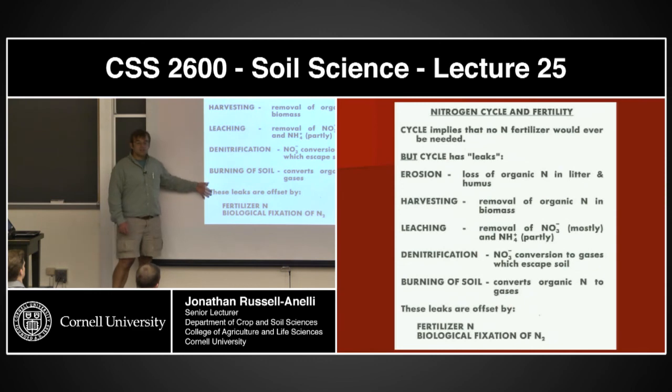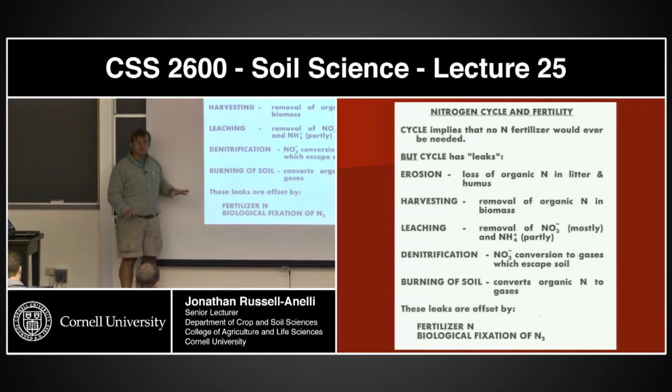And these leaks, when we think about it from a management sense, the only tools that we have are basically increasing nitrogen fertilization or increasing biological fixation. Now, we do in fact have some other controls. We can minimize leaching. We can minimize harvesting, or maximize a harvest but leave all the residual behind. We can reduce erosion.